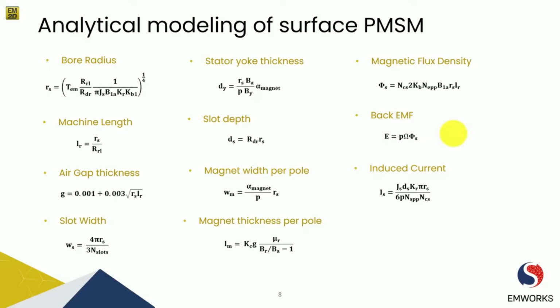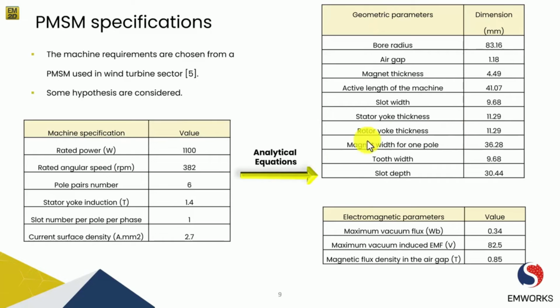So once we have used these equations and calculated our motor geometry, here you can see some of the parameters. We have specified that we need a motor for 1100 watt, and since it's a wind turbine application, we have set the RPM speed very low, which is around 382 RPM.